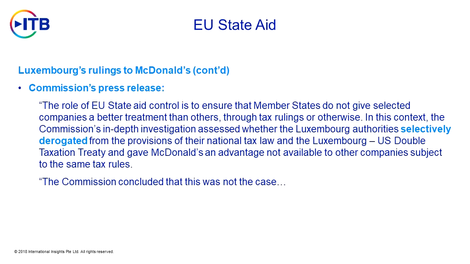In this context, the Commission's in-depth investigation assessed whether the Luxembourg authorities selectively derogated from the provisions of their national tax law and the Luxembourg-US Double Taxation Treaty and gave McDonald's an advantage not available to other companies subject to the same tax rules. The Commission concluded that this was not the case.